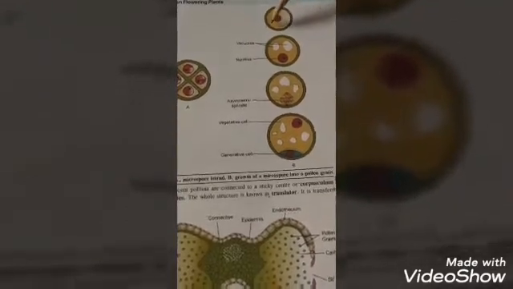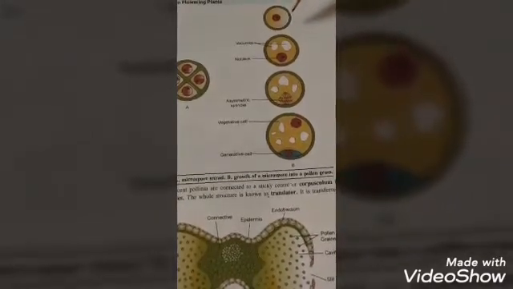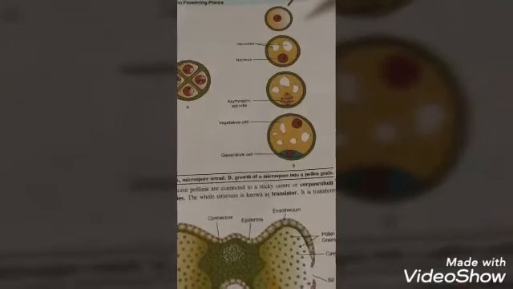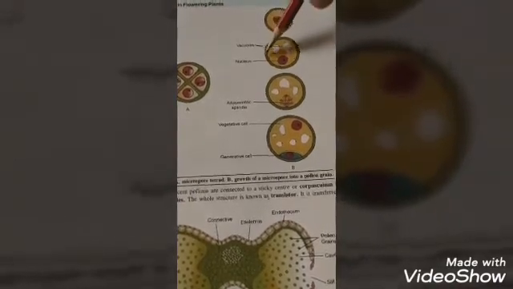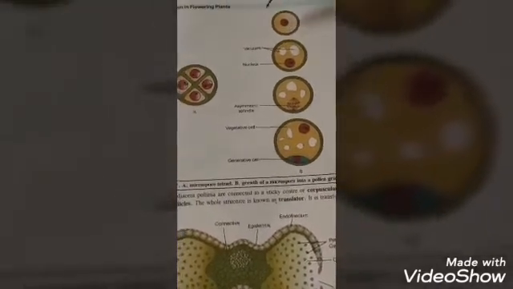Generally, pollen grains are spherical in shape and they are about the size of 25 to 50 micron in diameter. Each pollen grain has two layers.